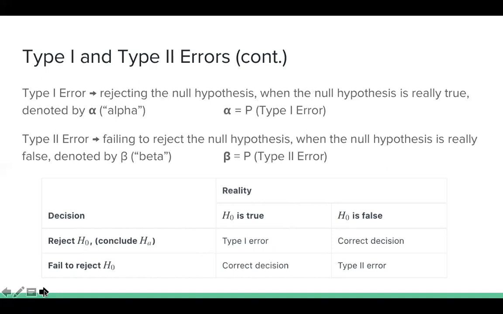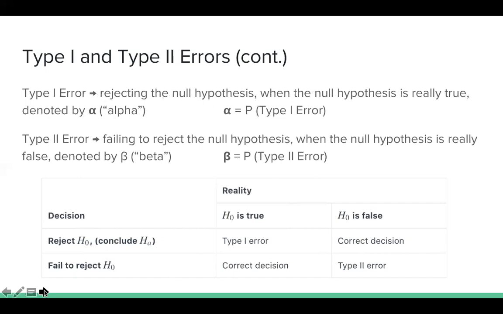If we move on to a type 2 error, a type 2 error is the opposite. It's when you fail to reject the null hypothesis when the null hypothesis is really false. So you're saying that there isn't anything going on, your data is not different than others, but in reality, it is. You denote a type 2 error by beta, and beta equals the probability of a type 2 error.